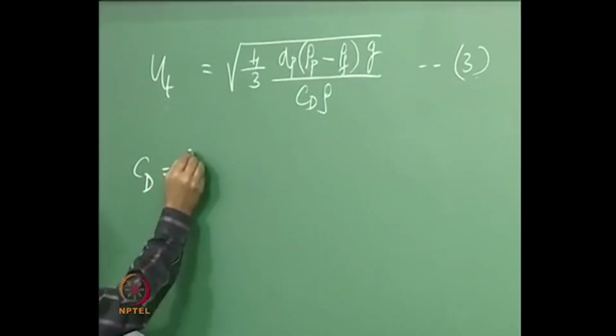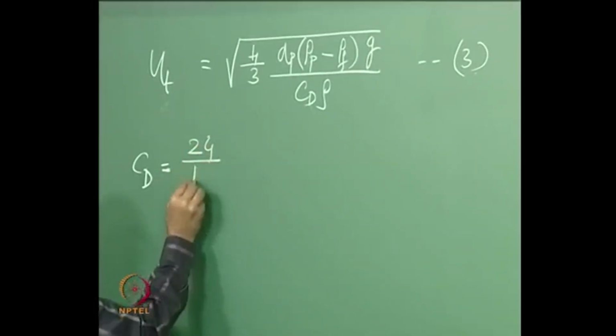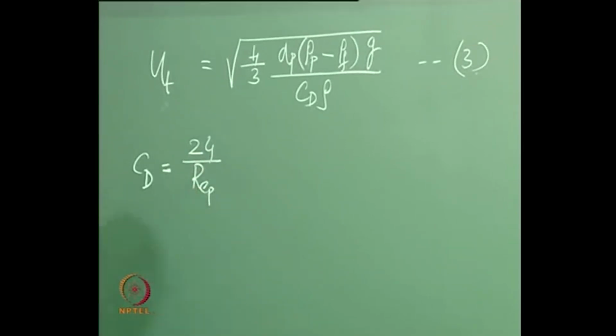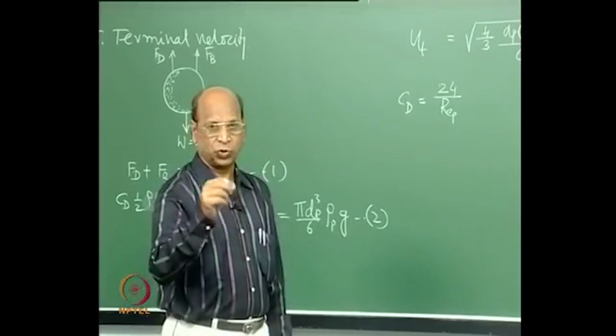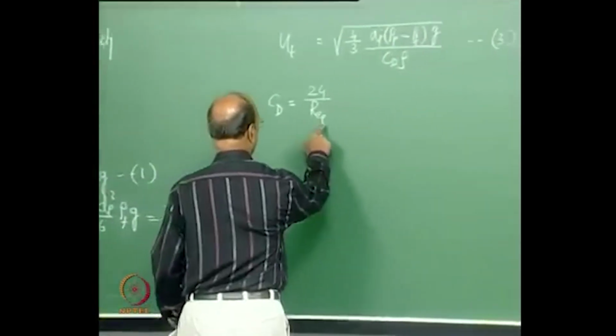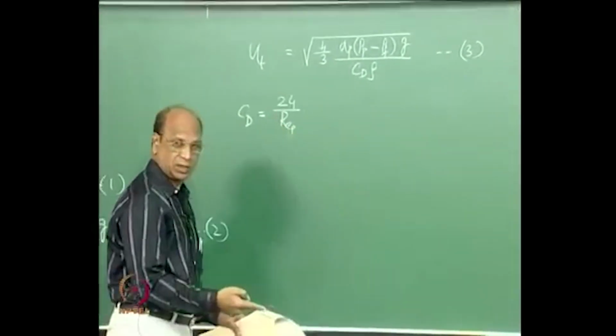Cd equals 24 by Rep, where Rep is the particle Reynolds number at terminal velocity. That u is ut, but we write Rep to say it is the particle Reynolds number.